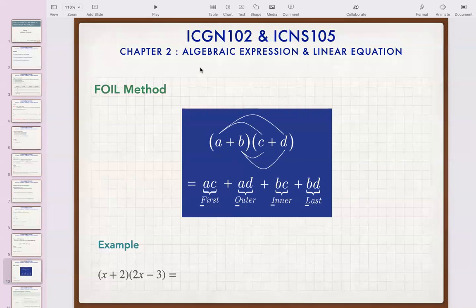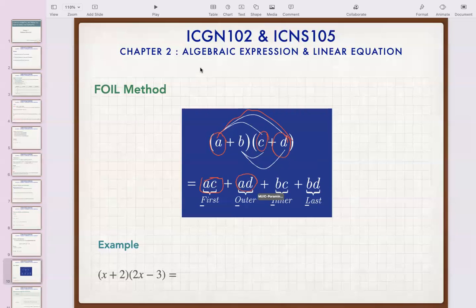So first means that you multiply the first term from each group together, a and c. Then you get ac. Plus, outer means the outermost ones, that is a and d.